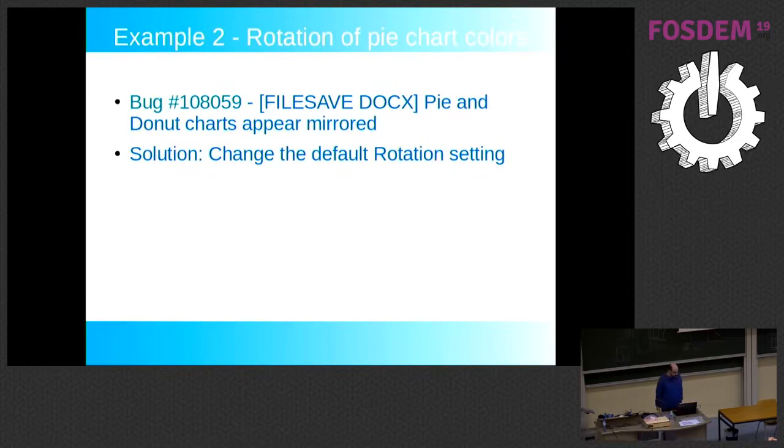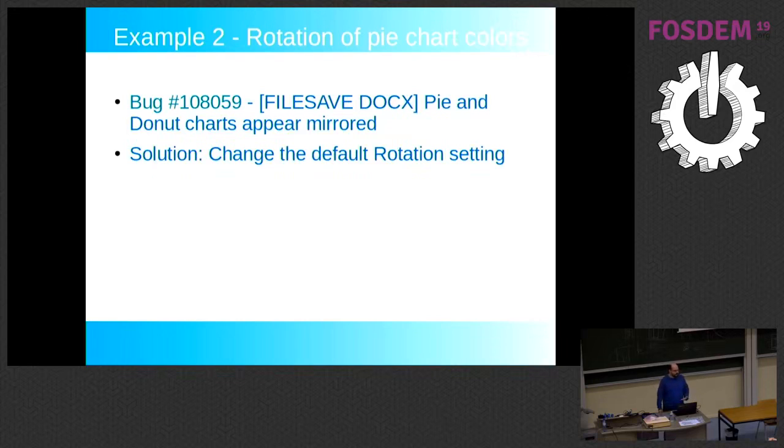Okay, next example. Pie and donut charts appear mirrored when compared to Microsoft Office. So it means that by default we lay out pie chart slices counterclockwise, and MS Office lays them out in clockwise order. And when we try to save this in OOXML, there is no option to save this.